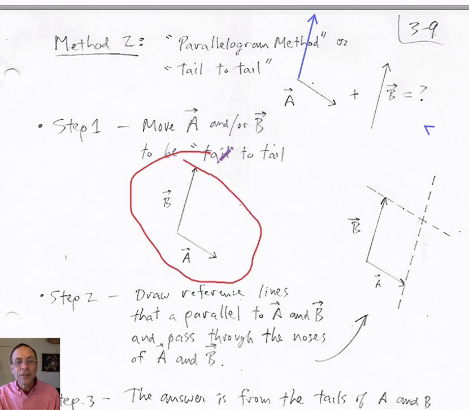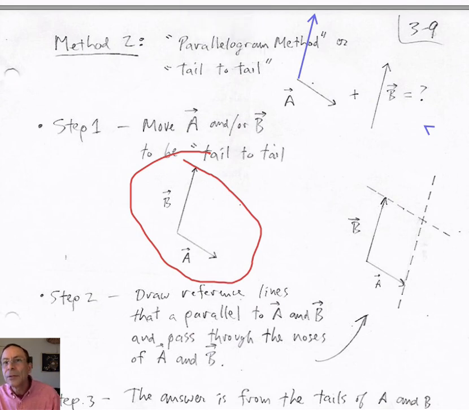The two vectors are tail to tail. The next step is to draw reference lines. But my students have trouble with this, I know that. These reference lines have to be parallel to the original vectors. So let's see if I can do this.